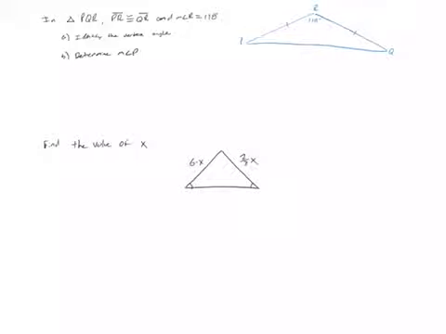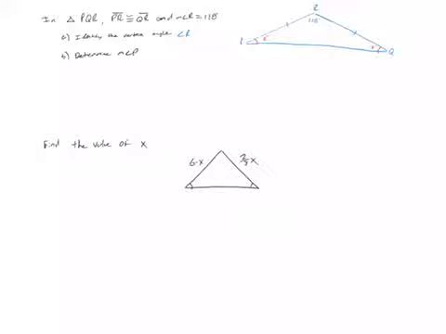So I got a triangle here. Identify the vertex angle. That would be angle R, because that's the one between the 2 congruent sides. It says determine the measure of angle P. I don't know the measure of angle P yet, but I know P would be the same as Q, so I'll call that measure x degrees.